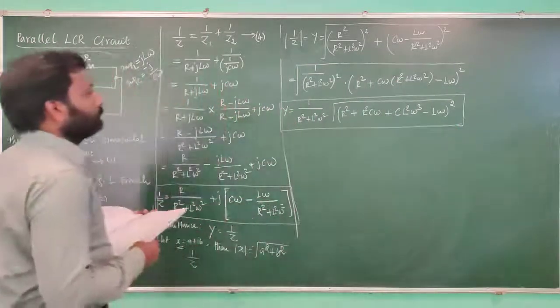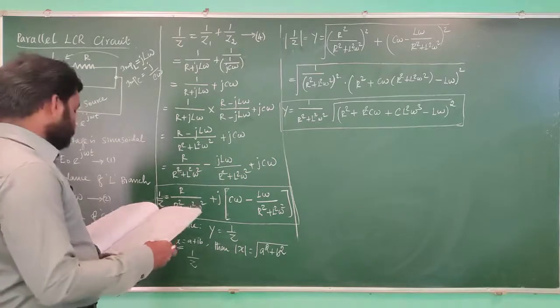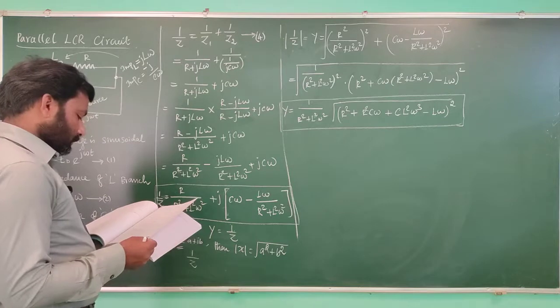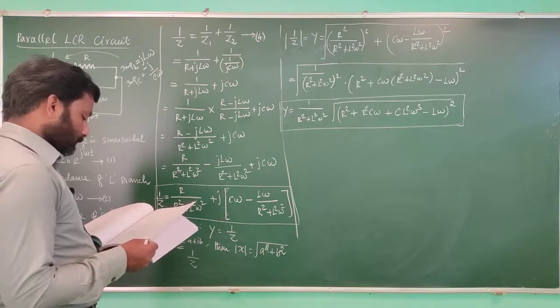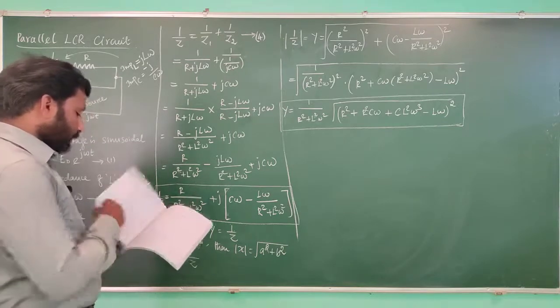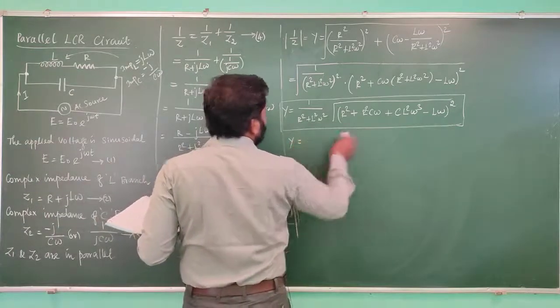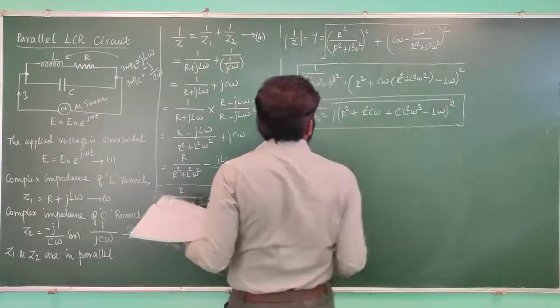This is nothing but the admittance. Or you can simply write Y. Here also you can cancel out the square and square root.